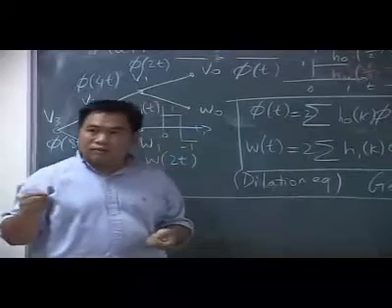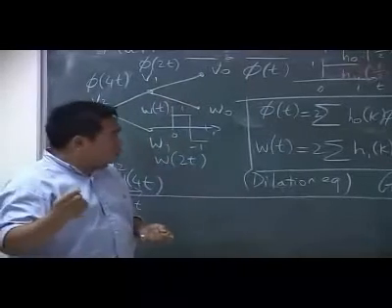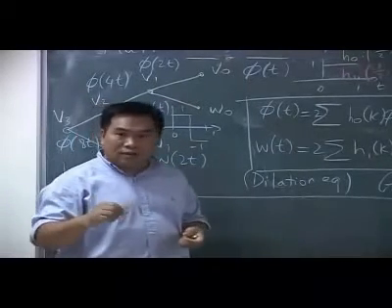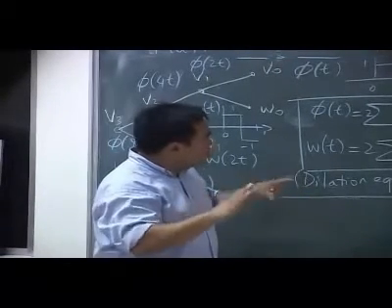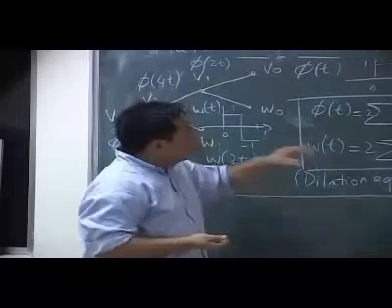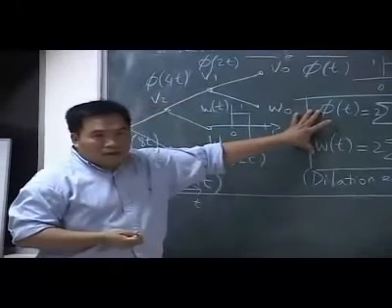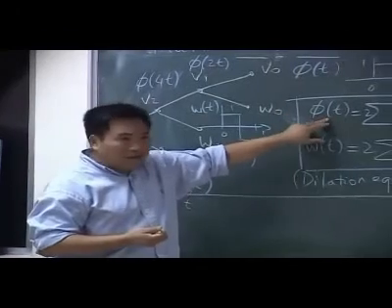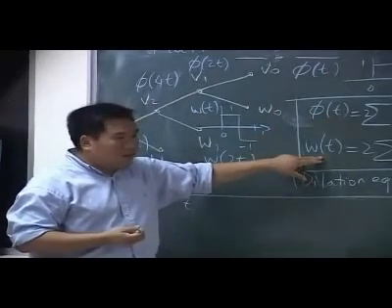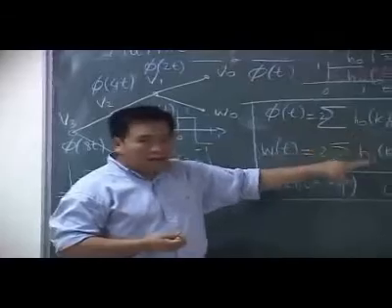It's hard to do, but let's do it anyway to see what's going on. And one is a much faster way to do this. Okay, so the next topic is taking the dilation equation and discussing how to find phi of t and W of t given the coefficients h0 and h1.